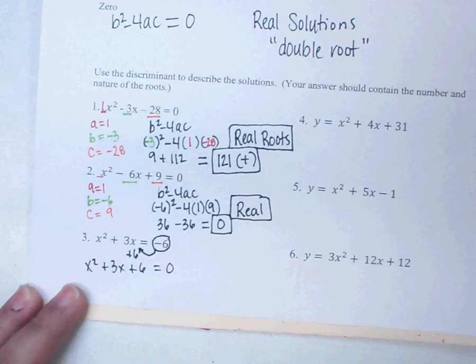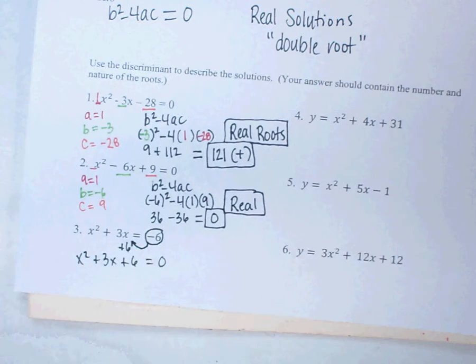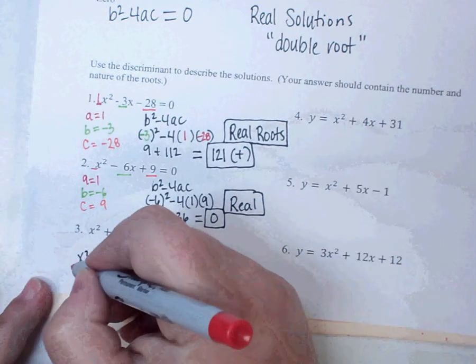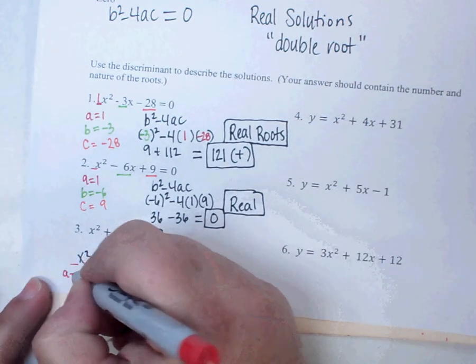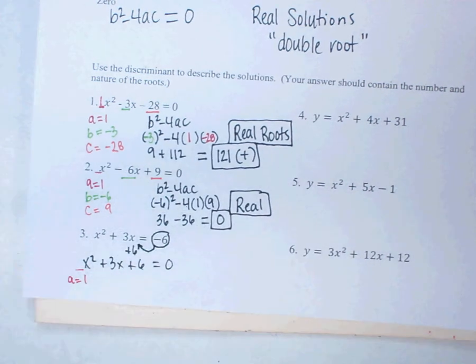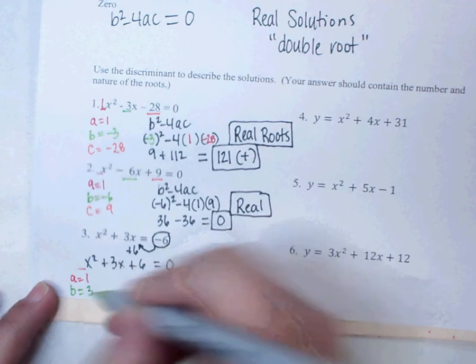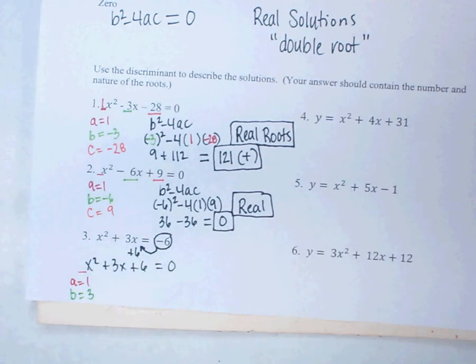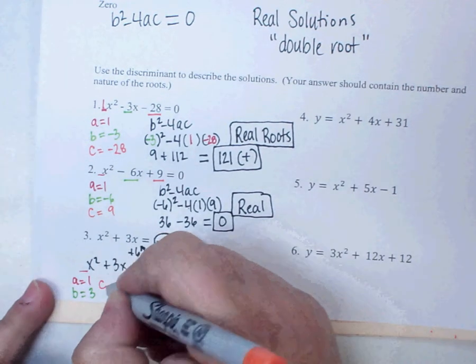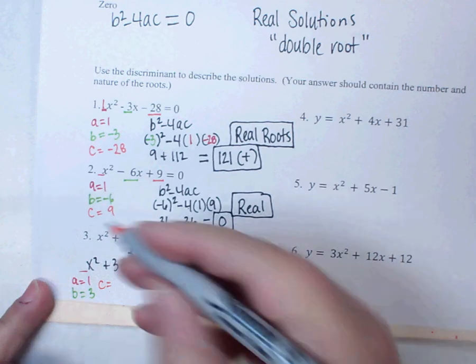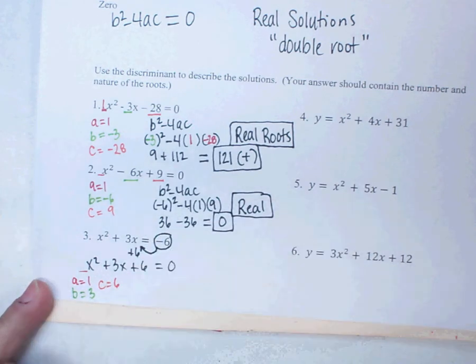Now it is in standard form, and we can begin. A is 1. B is 3. And C, in this case, is a positive 6. Remember, because we moved it to the other side, it becomes positive.